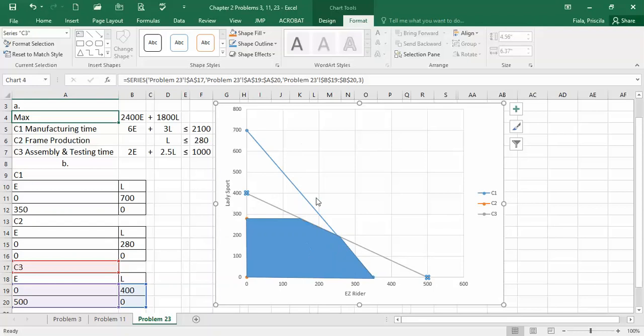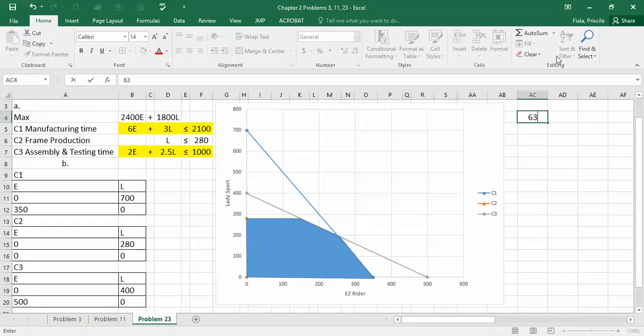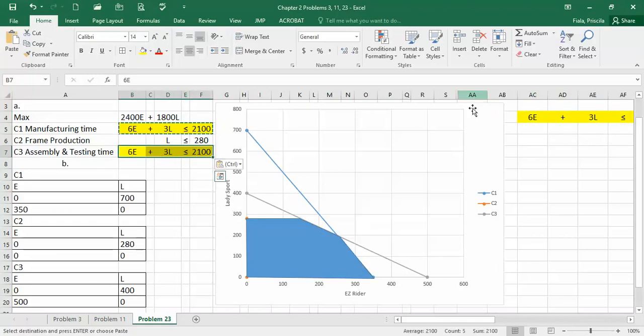So now that we have defined that constraints 1 and 3 are binding because they cross right at the optimal solution, these are the two equations that are binding. Therefore, I'm going to simplify to get a value for E and a value for L. Let me copy them over here and then copy this one over here.